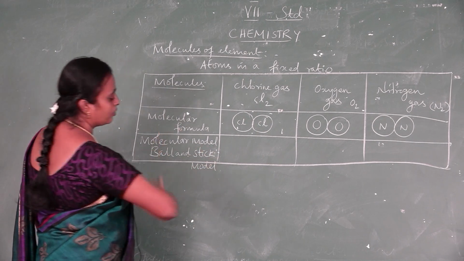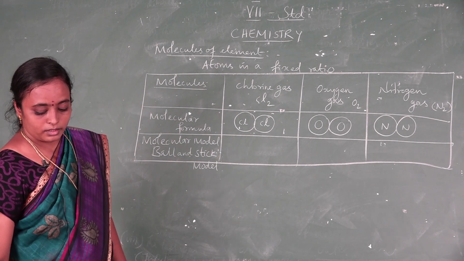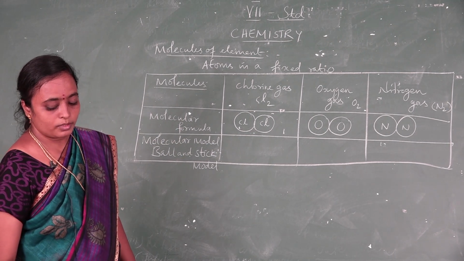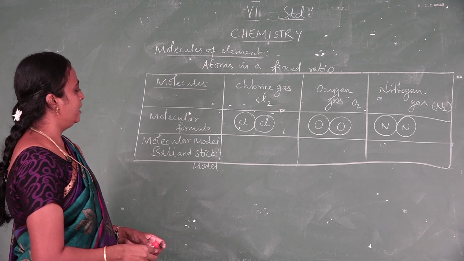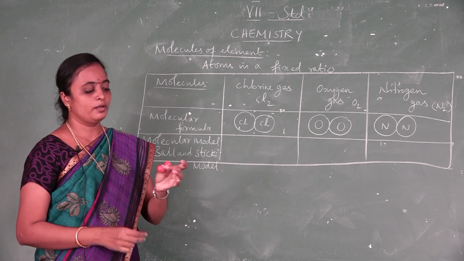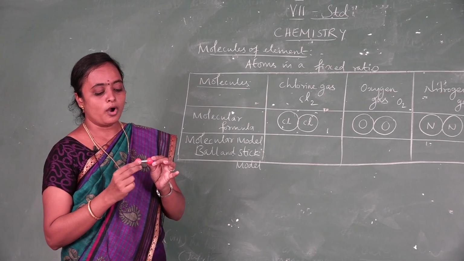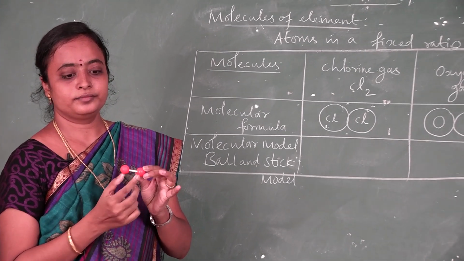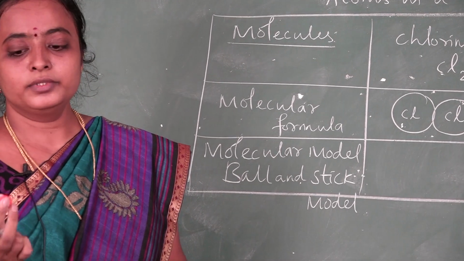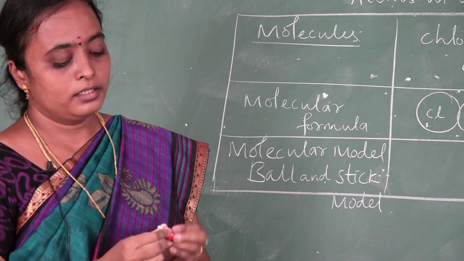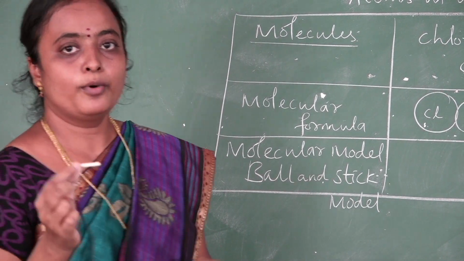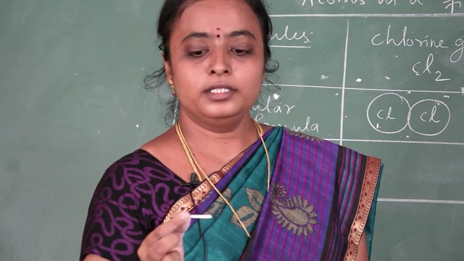Ball and stick model means we indicate the atoms as balls and the bonds as sticks, like this.